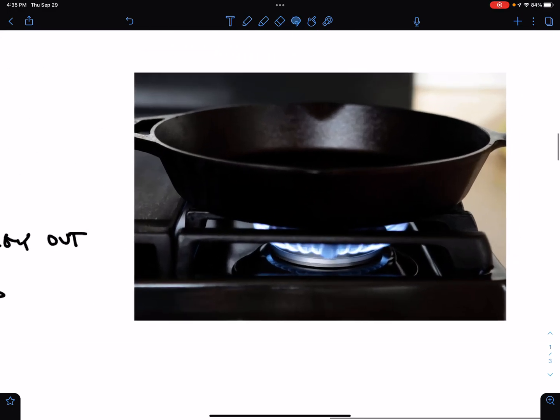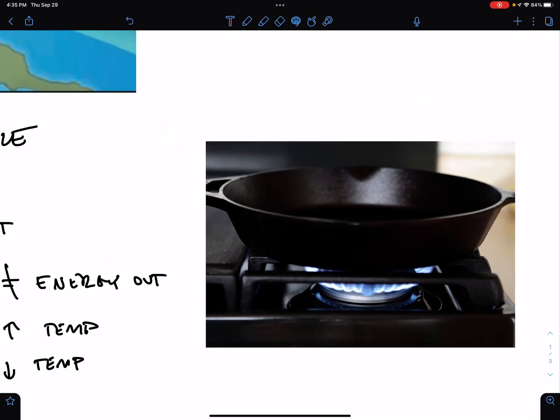This is a little easier to understand maybe when you talk about it with a pan on the stove. Before the stove is turned on, we have a pan. It is at room temperature. It is emitting mostly energy in the form of heat, but as you know, this pan is at room temperature. It's not emitting a bunch of energy.